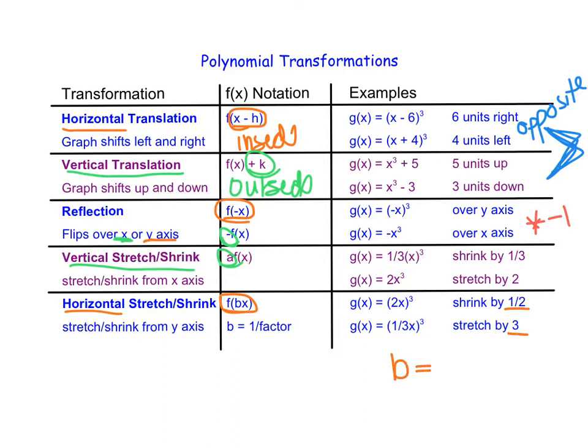Remember, b value equals 1 over our factor, or vice versa. Essentially, they are reciprocals of each other. So when you have a factor of 1/2, you flip that over to its reciprocal to find that our b value is 2. So keep that in mind as we work through the example on the next slide.